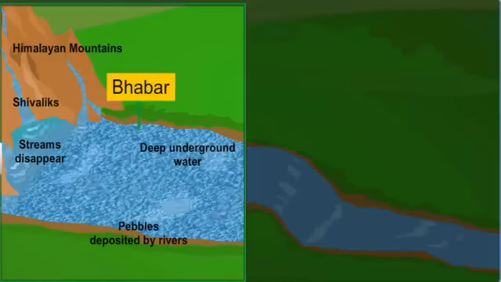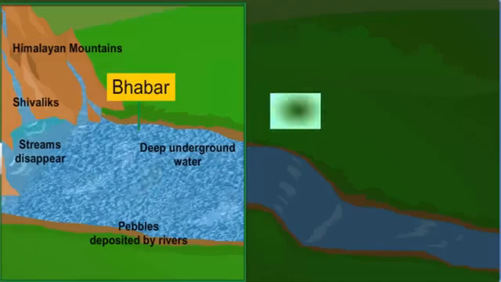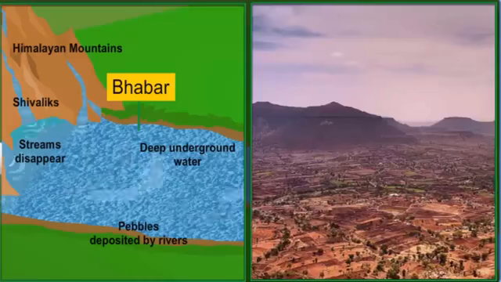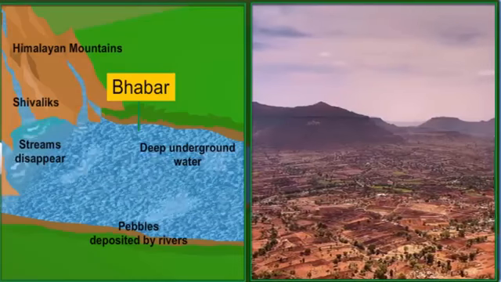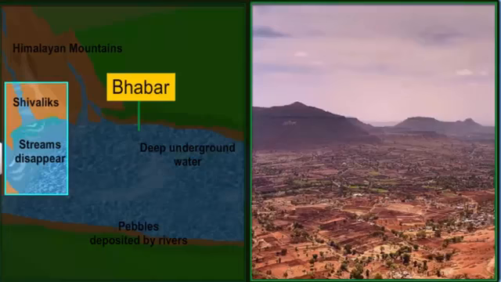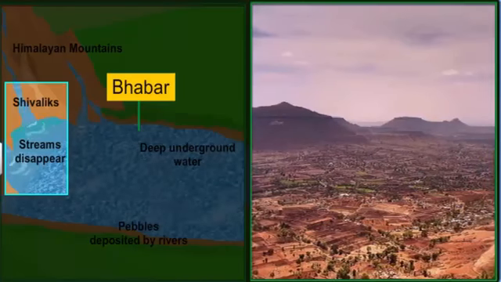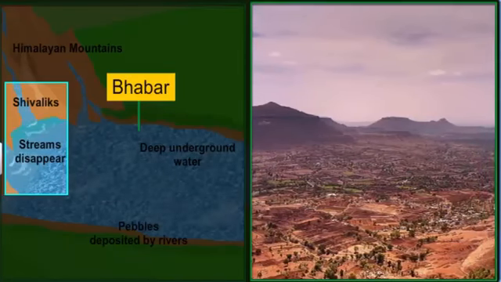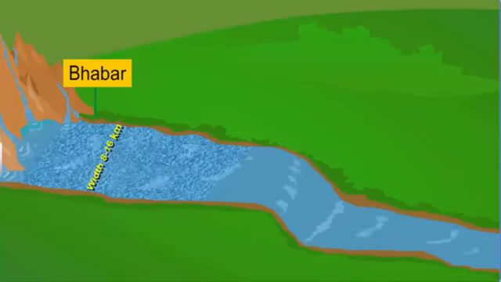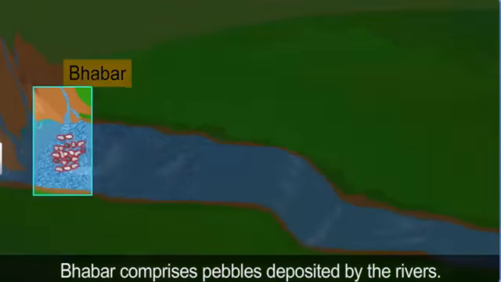The Bhabar region is a narrow belt of level surface in the northern plain, lying parallel to the slope of the Shivaliks. This region is about 8 to 16 kilometers wide and consists of pebbles deposited by the rivers after they flow down from the mountains.